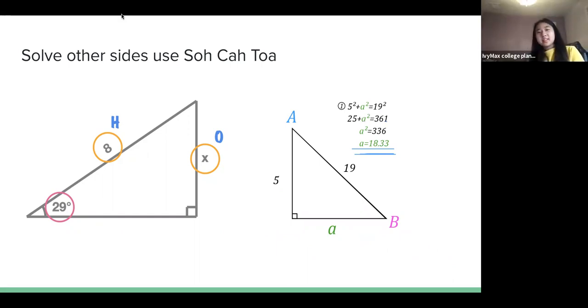Here is a really simple way to find it, but if you remember the law of sine formula, you can also use that.